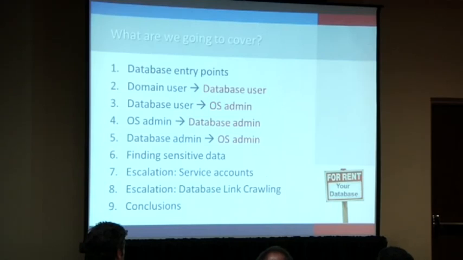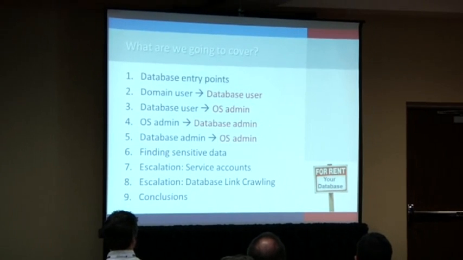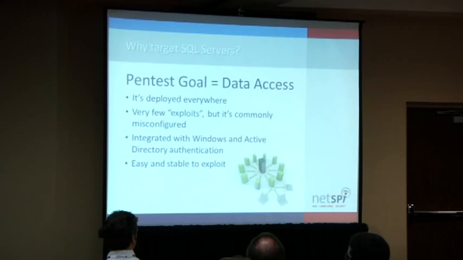This is really good for pen testing, for evidence gathering, but it's also nice for DLP and PCI, to see if you have sensitive data out there on your non-PCI networks or non-protected networks that shouldn't be there. We're also going to walk through two kind of cool escalation methods, basically leveraging database service accounts to traverse the network and traverse databases. And then my personal favorite, database link crawling, which is kind of the cherry on top of the presentation, hopefully.